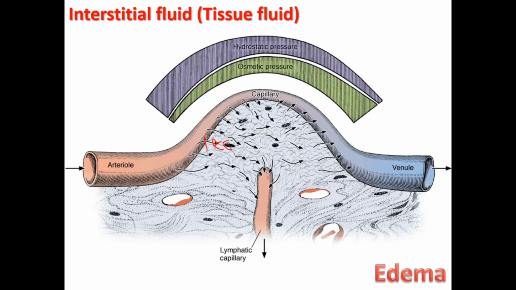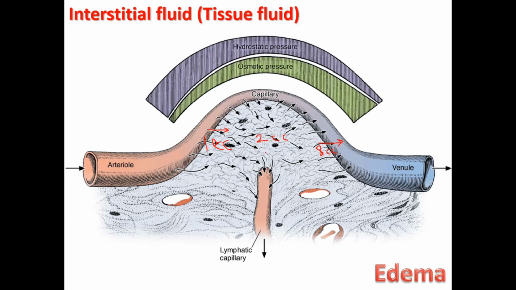And when this blood comes to the venous side, because the big proteins cannot go out by this pressure and remain in the blood, they make osmotic pressure, so it draws back the water into the venule. For example, 8 cc drawn back, 10 cc forced out, and 2 cc remain inside of the connective tissue.